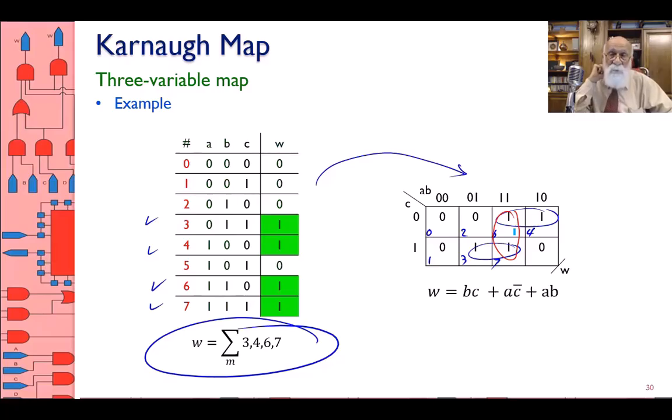These are the prime implicants of the function. So my prime implicants are BC, AB. AB is the vertical one. BC is this one. AC bar is this one. Are they prime implicants? Yes, they are.